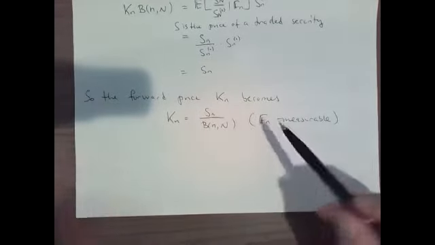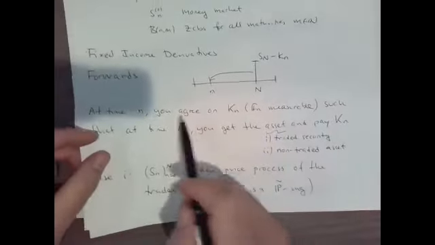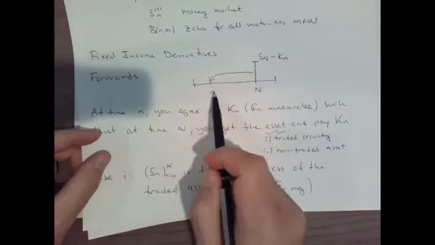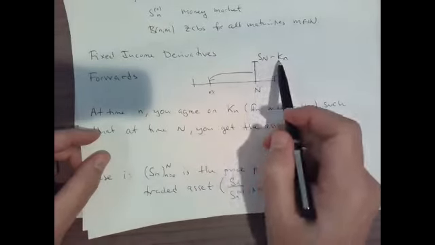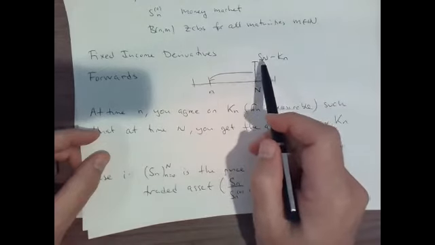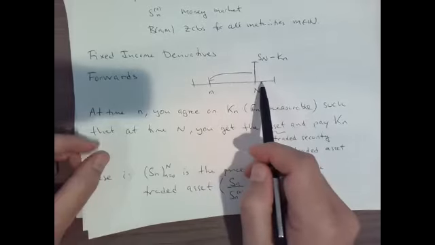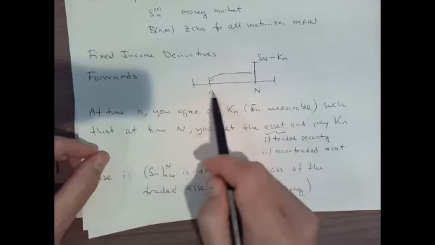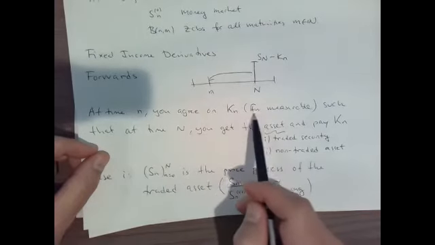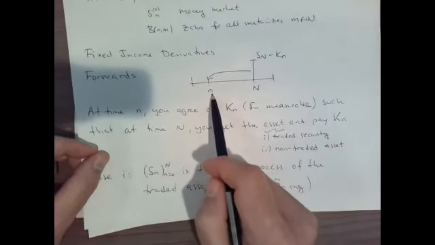Actually the deal is that you're sitting here at time n, and you are agreeing on how much you're willing to pay for this asset at a future time. So whatever you agree on at that time n, you can only use the information you have available at time little n.